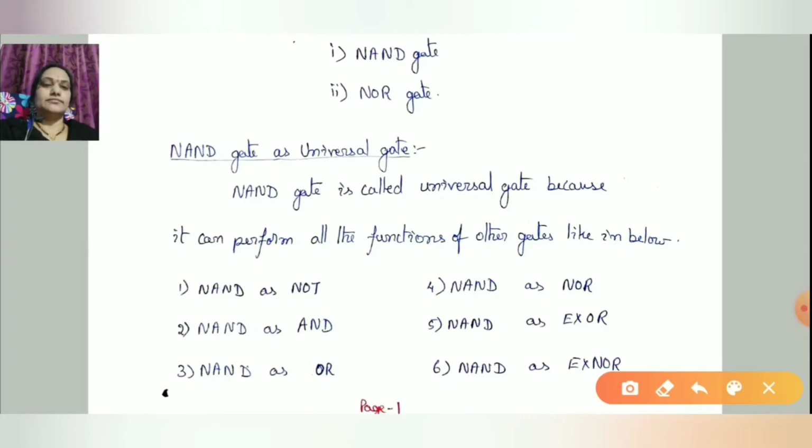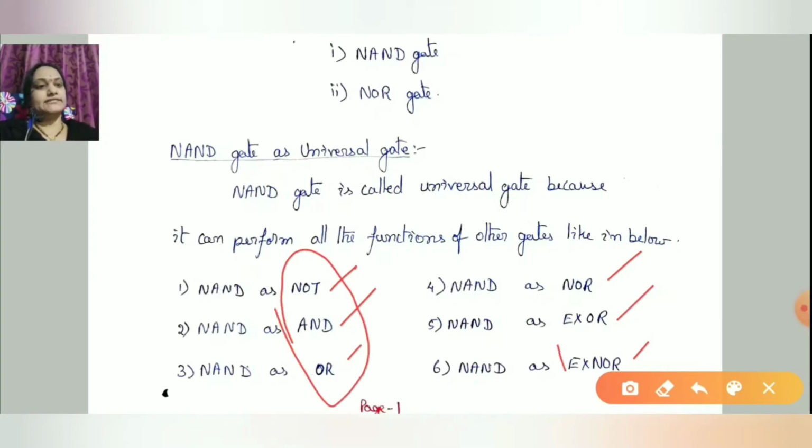That means here you can find the chart of NAND as NOT, AND, OR, NOR, XOR, XNOR. Without using these gates, you can perform their operation by using only NAND gates. That is why it is called a universal gate.